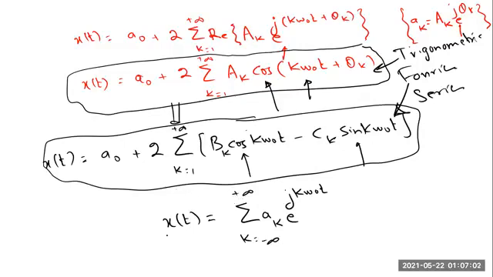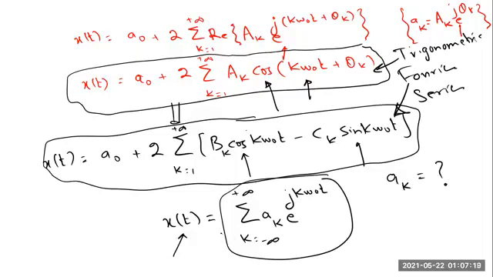Now the question is, if you want to represent any periodic signal x of t in this form, the unknown that you need to find out is ak. What is the value of ak? How will you find out the suitable value of ak?